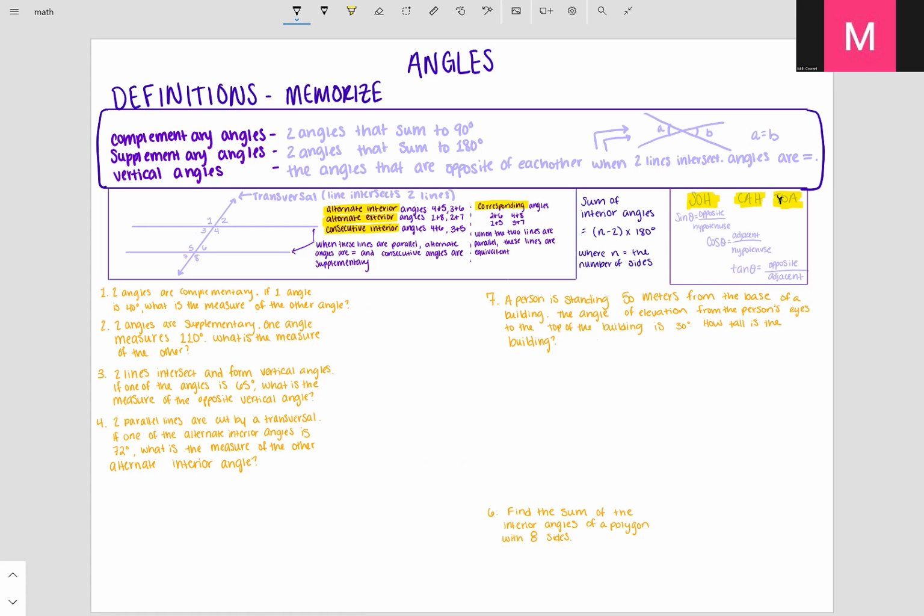And again, with the same idea, corresponding angles like 2 and 6 will be equal, and these are only equal when the lines are parallel. Another corresponding angle would be 4 and 8, 7 and 3, 5 and 1.